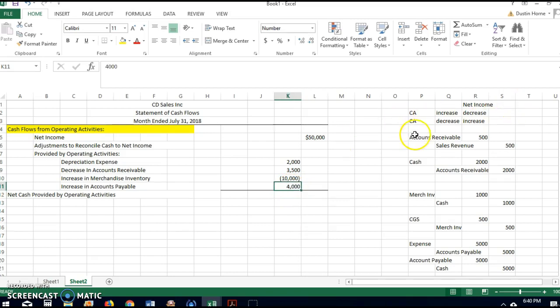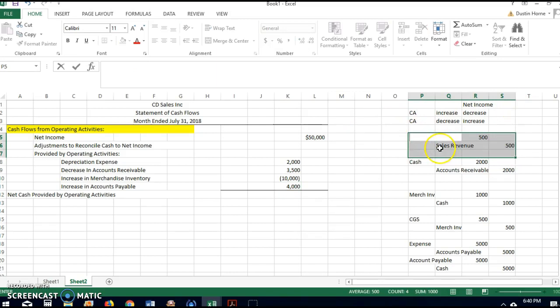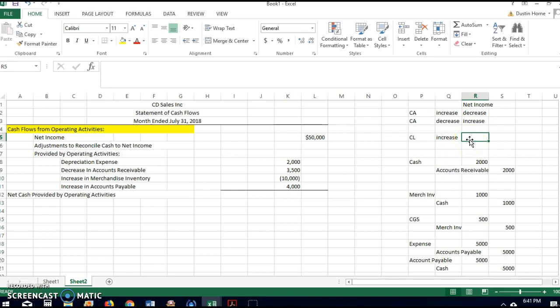So with that being said, when we think about the relationship with current liabilities, what happens on the operating section? When we have an increase in current liabilities, like an increase in accounts payable, the adjustment is going to be an increase to net income.